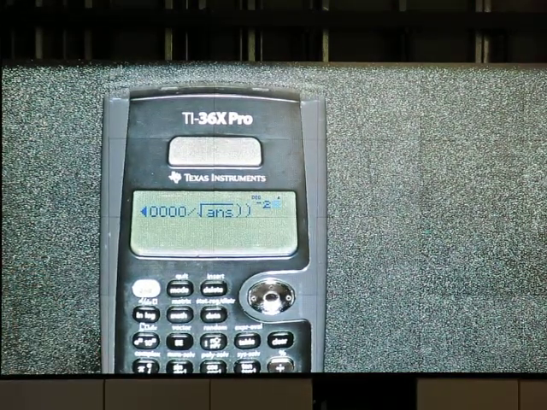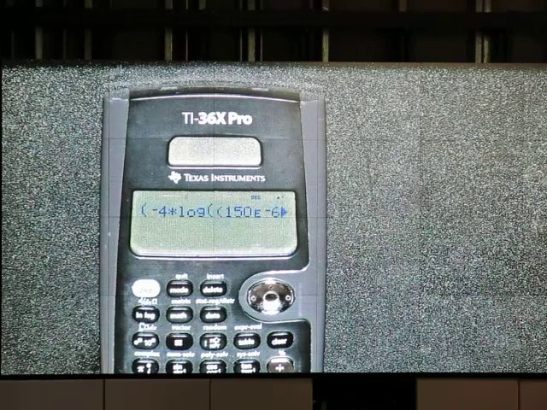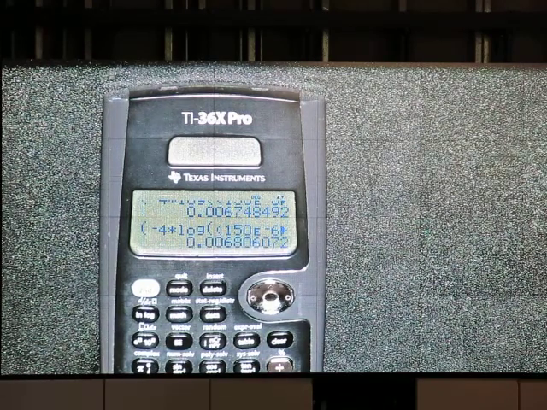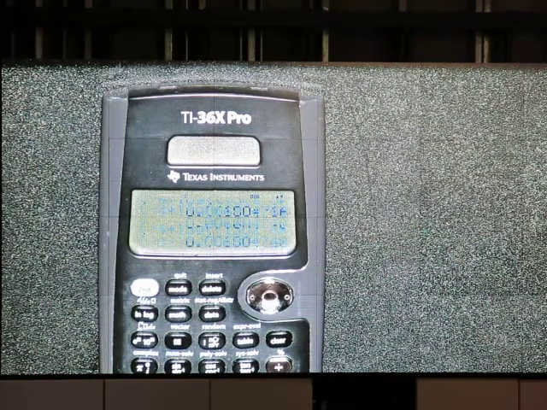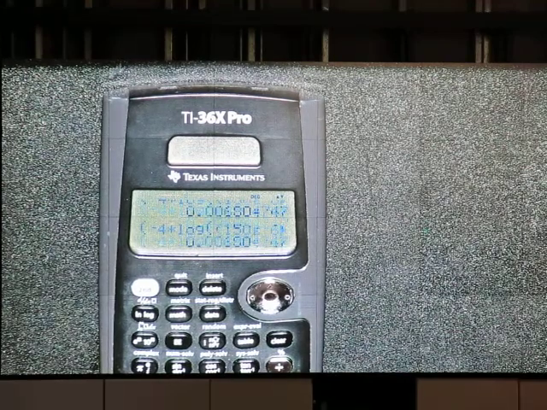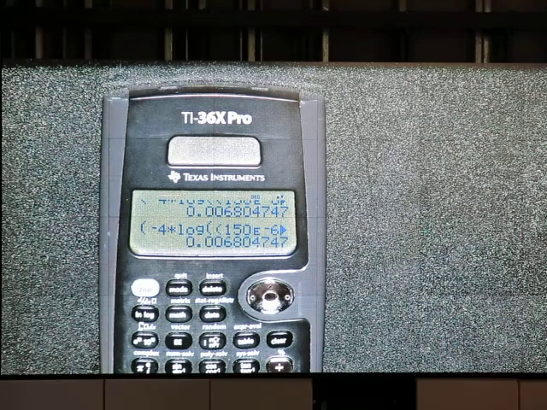Then I just click enter. Enter again, several times. I get the same number because it's converged quickly.